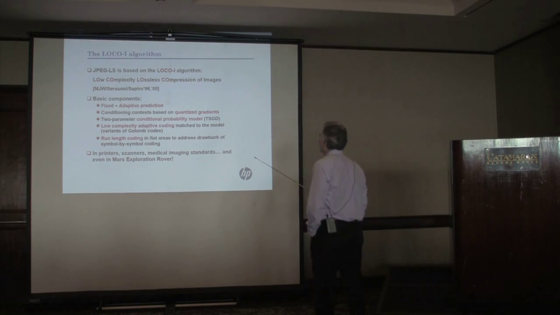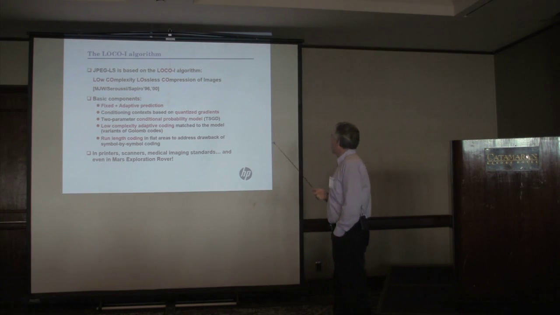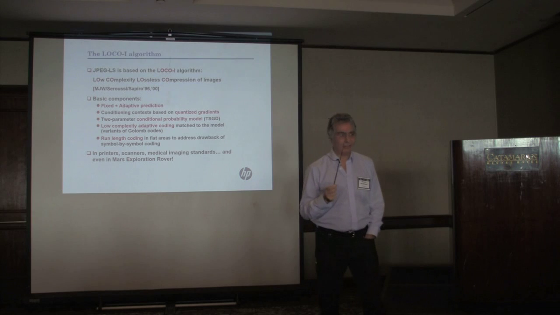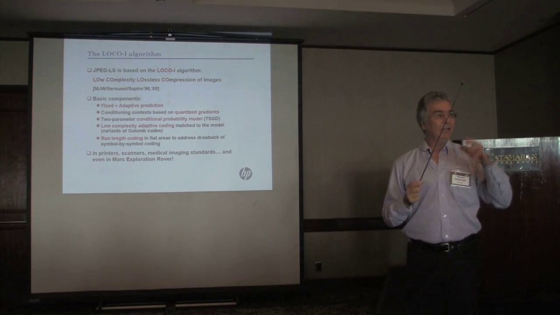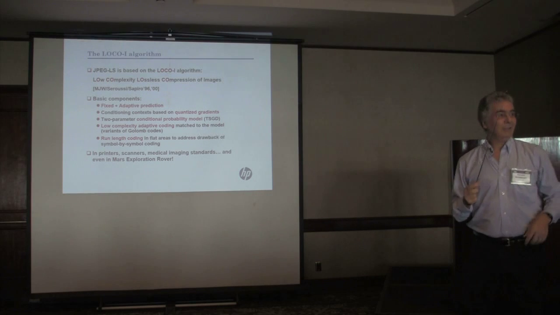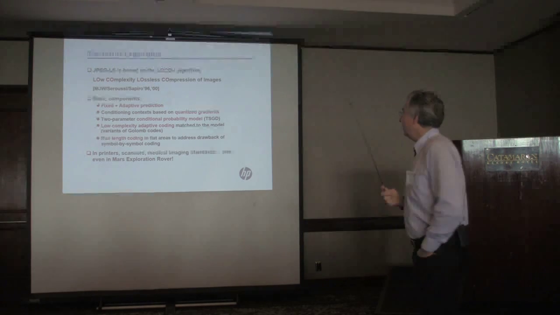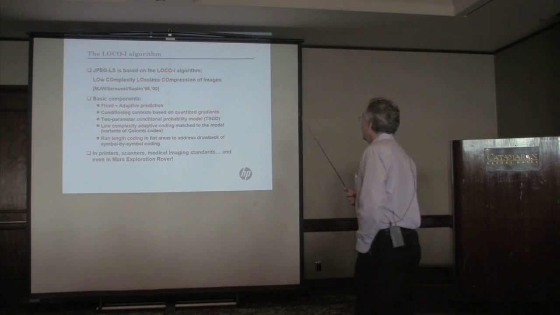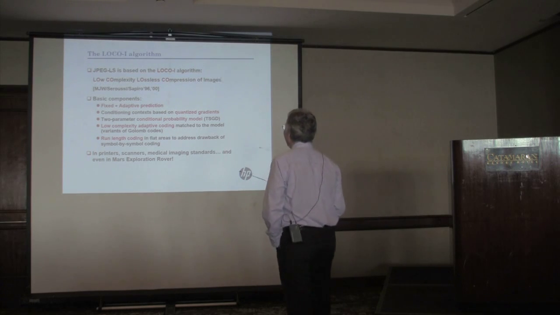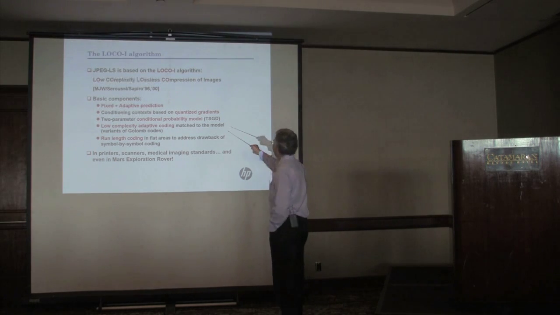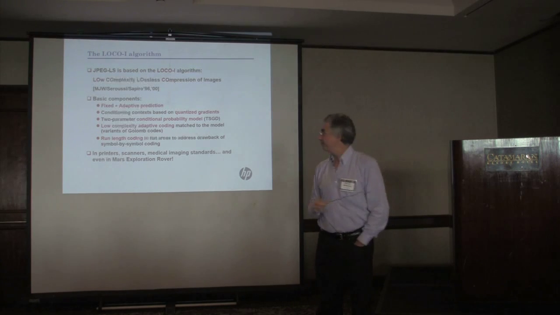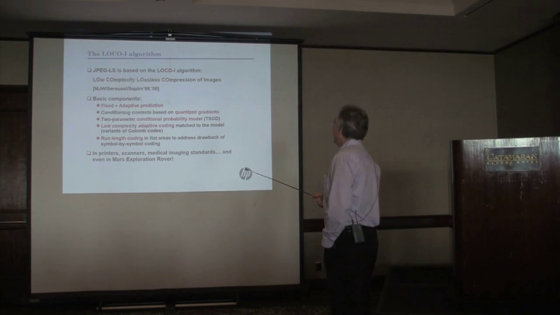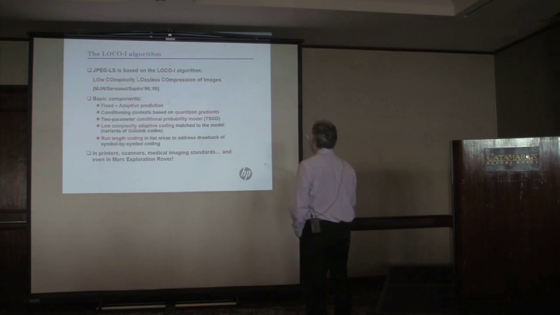It has a conditioning context based on quantized gradients, so you don't take as a context the value of the surrounding pixels, but rather the gradients in the surrounding area. You have a two-parameter conditional probability model, the two-sided geometric distribution, which we learn adaptively. And then there is low-complexity adaptive coding matched to the model.